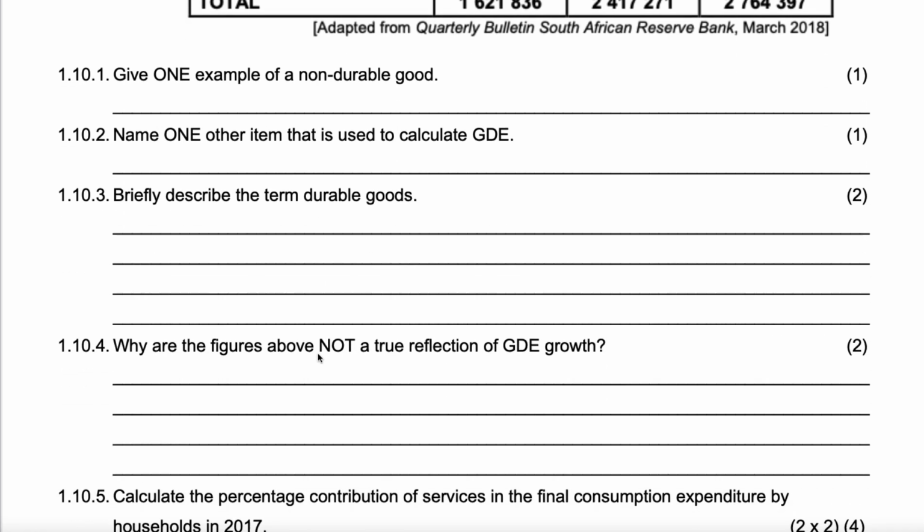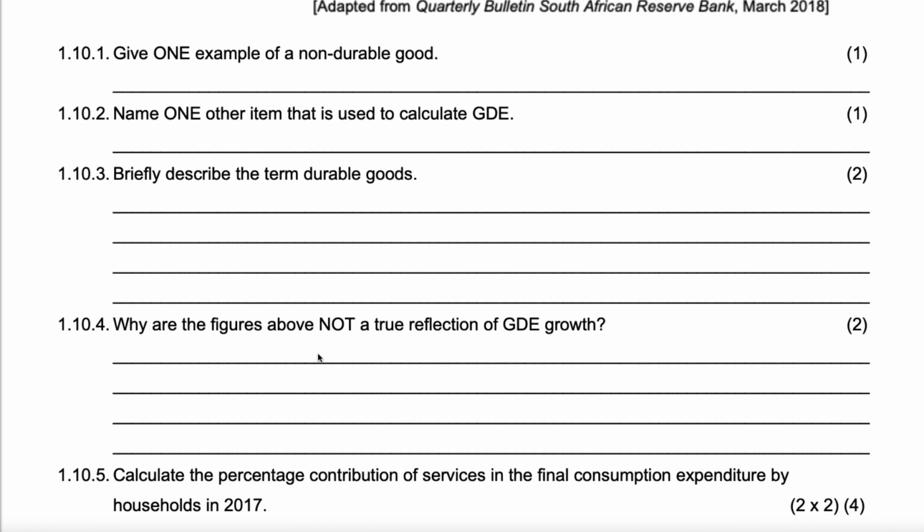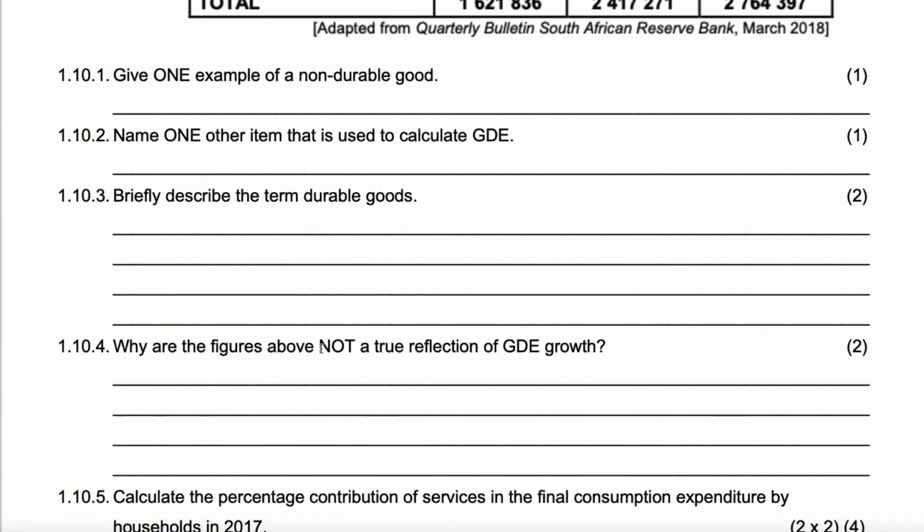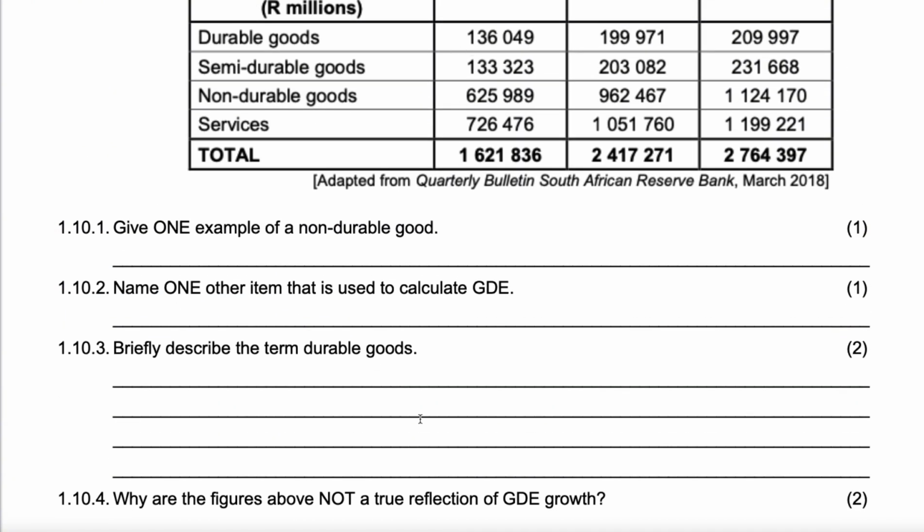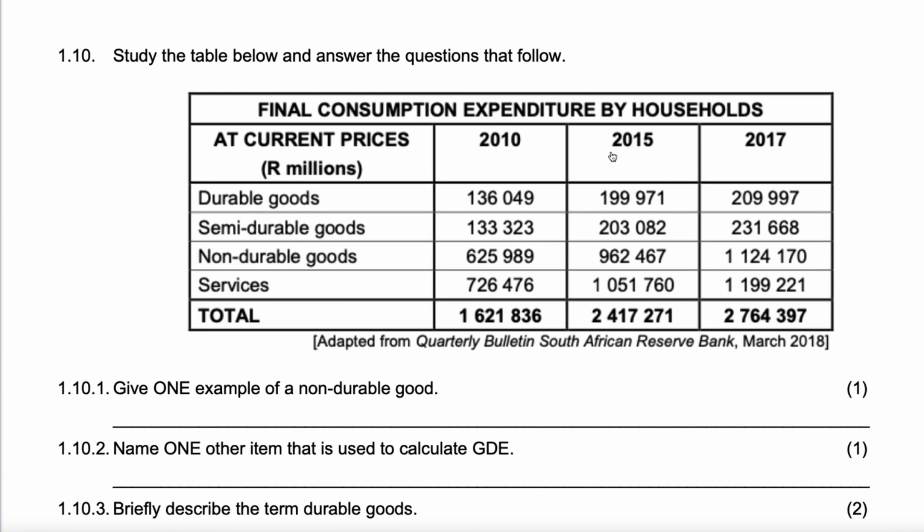Then the next one, why are figures... I should have even addressed this question when I was studying this extract. Because look here, durable goods: 136, 199, 209. This will make you think. Consumption spending on durable goods has been going up.